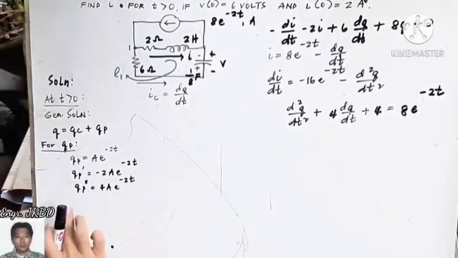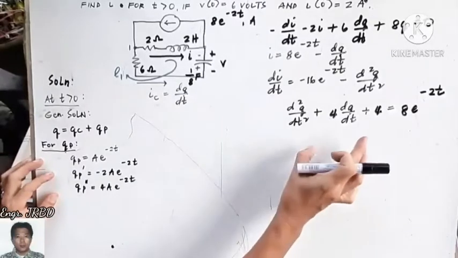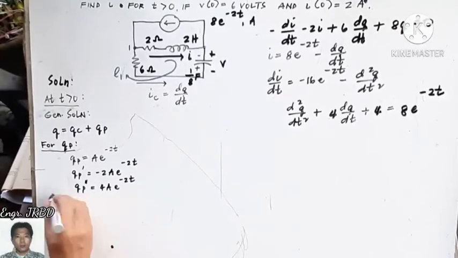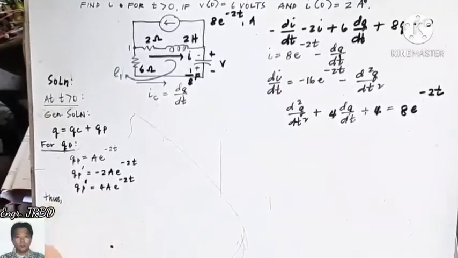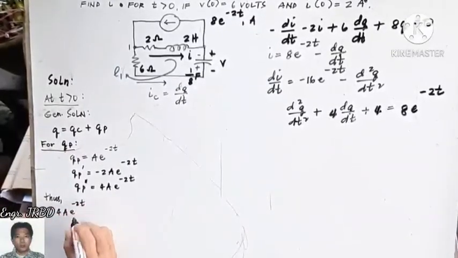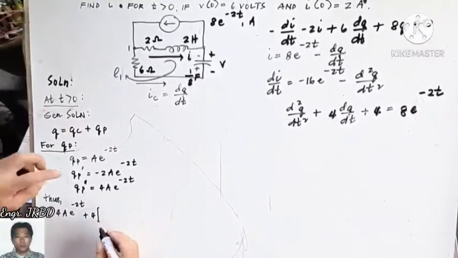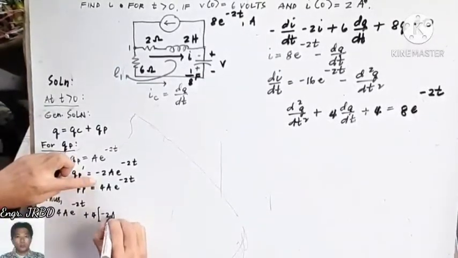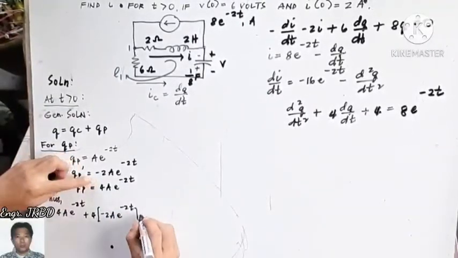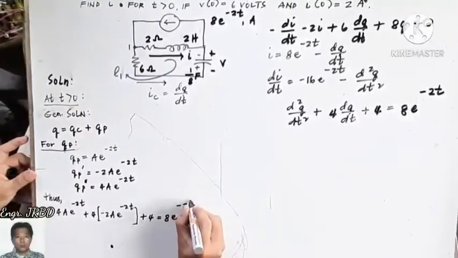Now, if these three equations that we derive will be substituted into the second order differential equation that we have here, we will now have 4a e raised to negative 2t plus 4 times negative 2a e raised to negative 2t plus 4 is 8 e raised to negative 2t.